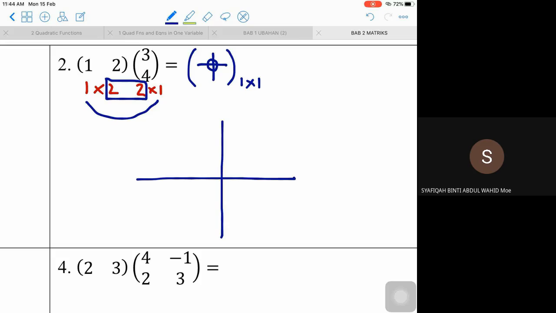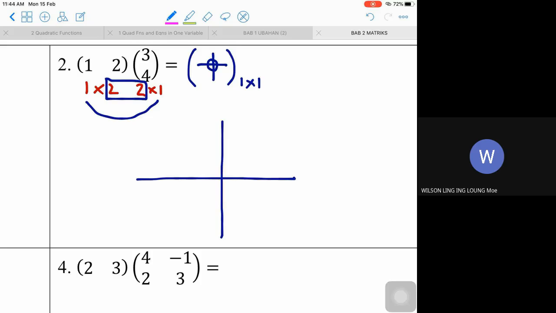So the first matrix we put inside which quadrant? Now is Wilson. Third quadrant. Yes, quadrant 3, 1, 2.